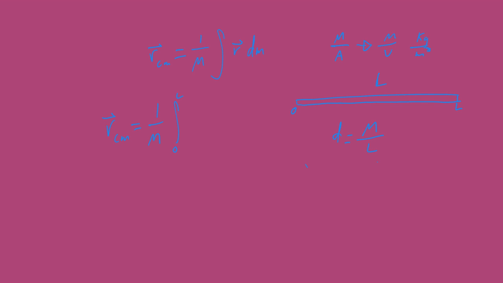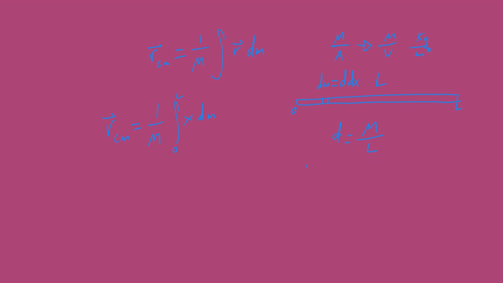Since we're in one dimension, we don't have to consider a y and z coordinate. We just have an x coordinate, dm. And we know that each little bit of mass is equal to, and let's look at a little slice here, we know that this little bit of mass is going to be equal to the density multiplied by our little change in x.